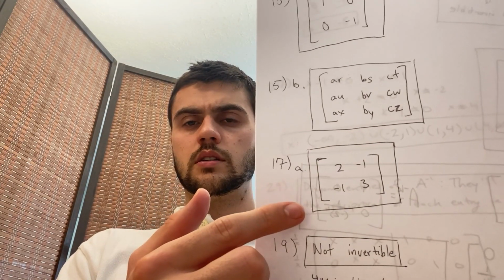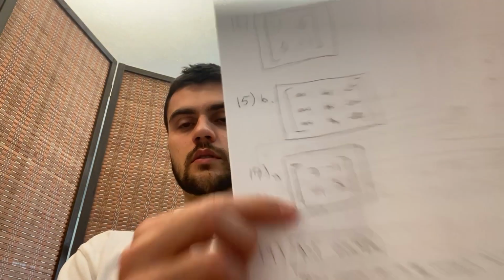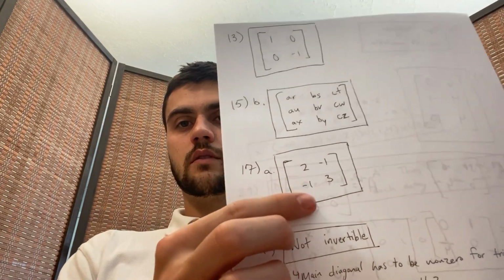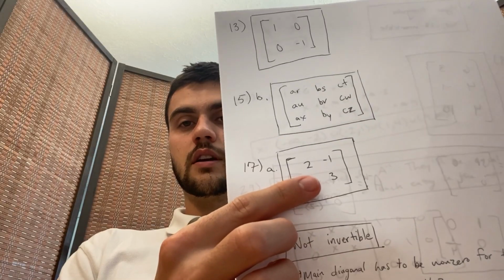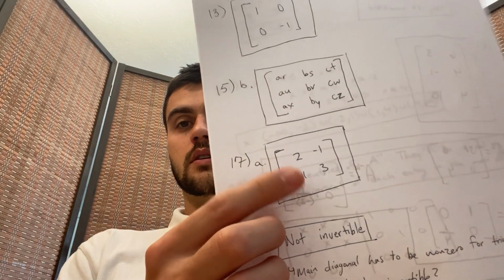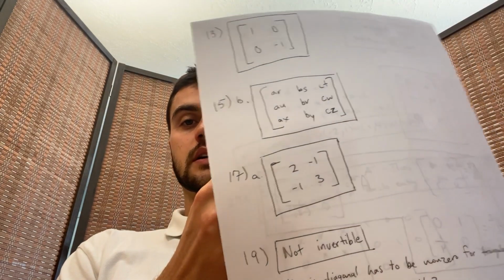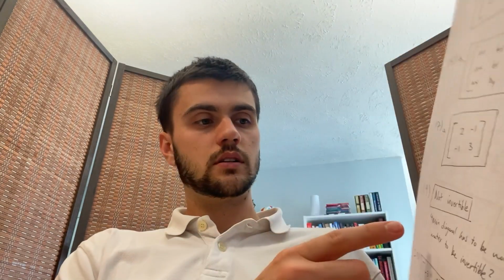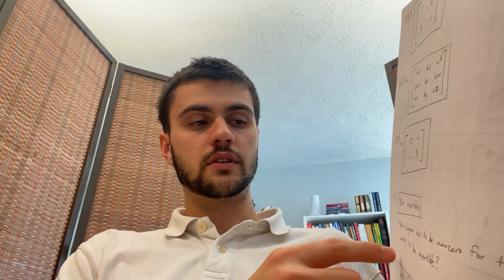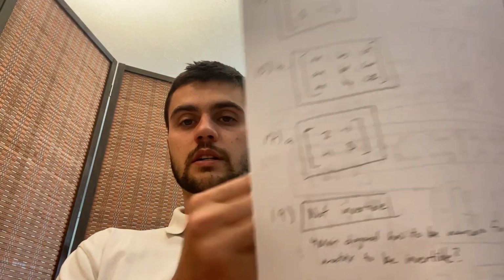This was find the value of x to make this symmetric, so x equals -1. Determine if the matrix is invertible by inspection. I have a question to check tomorrow.